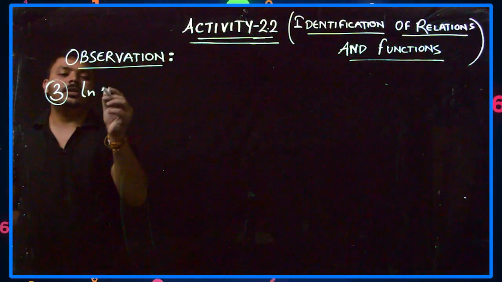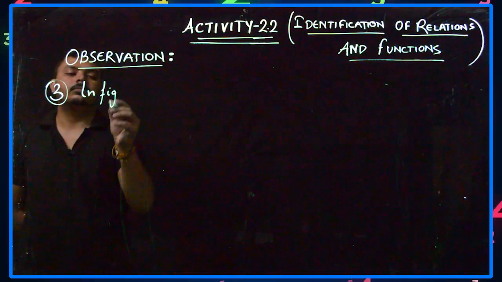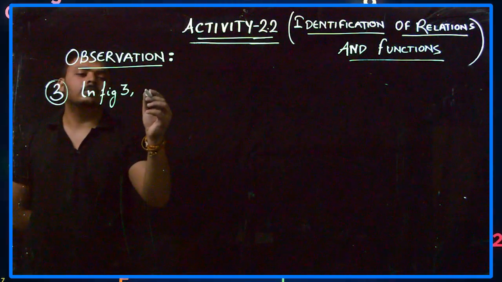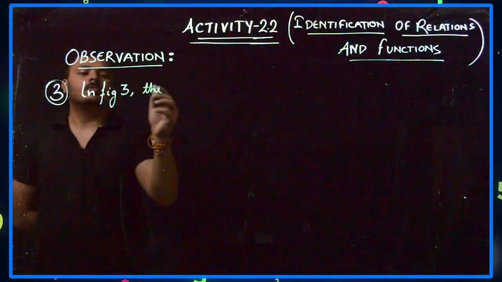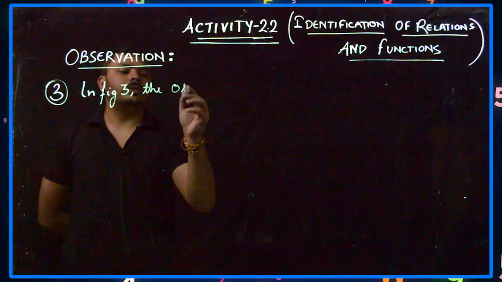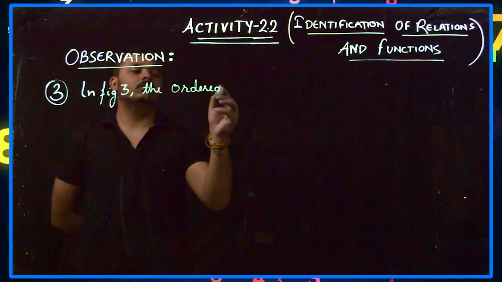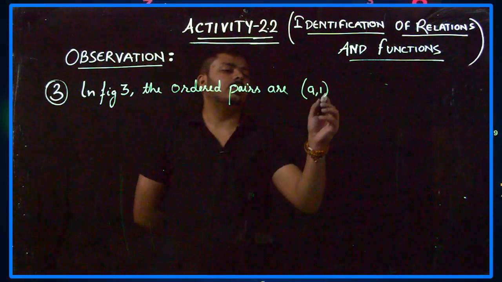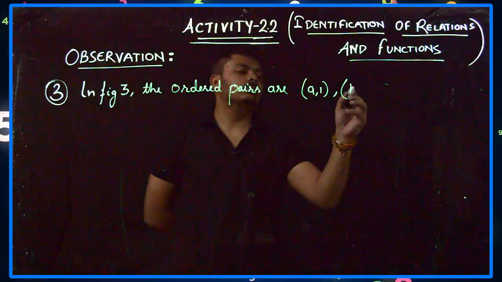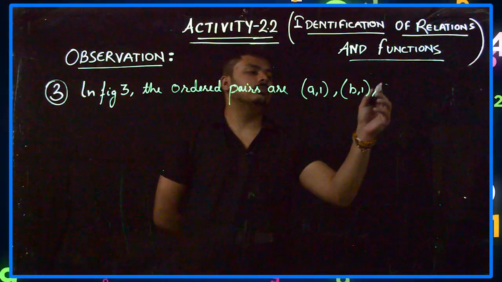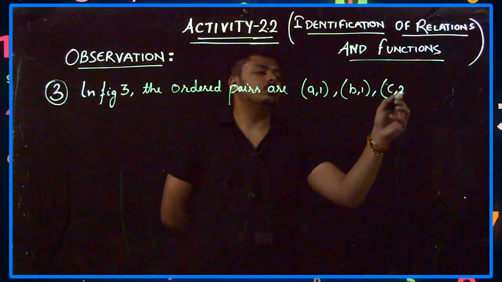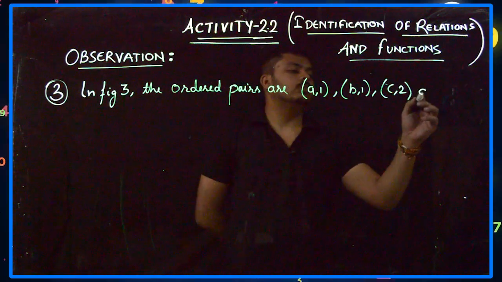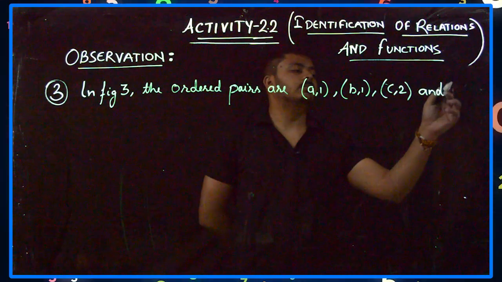In figure 3, the ordered pairs are A1, B1, C2 and D3.